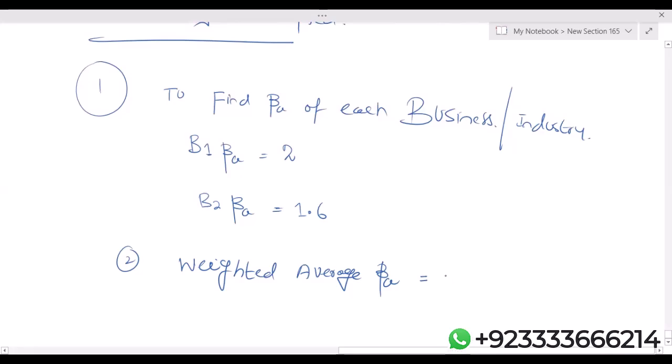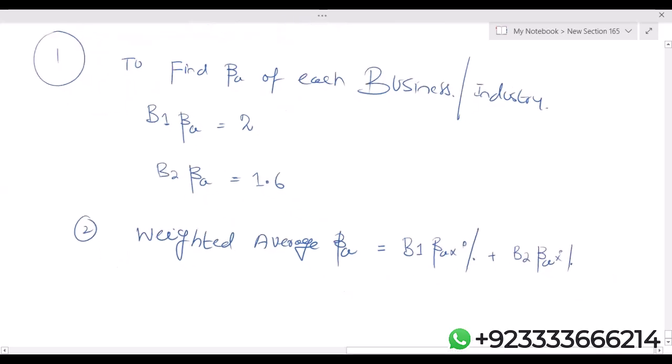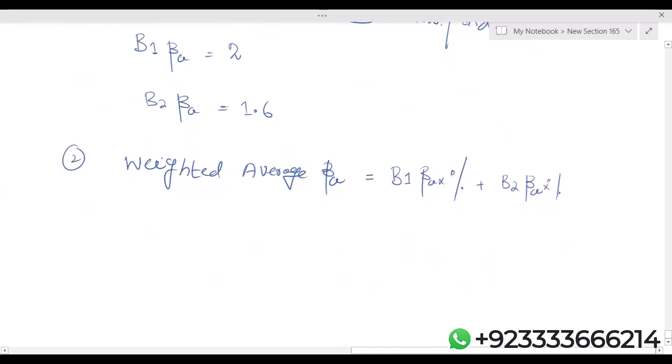So weighted average beta asset is equal to business one beta asset into percentage, which shows the weights, plus business 2 beta asset into percentage.